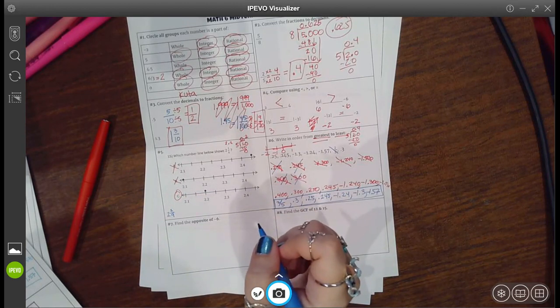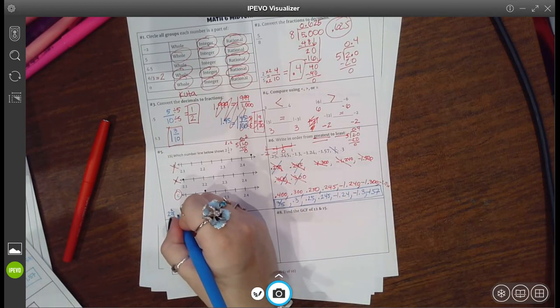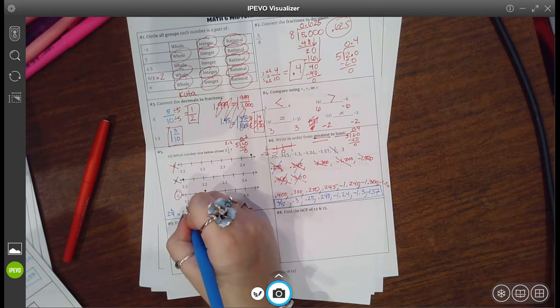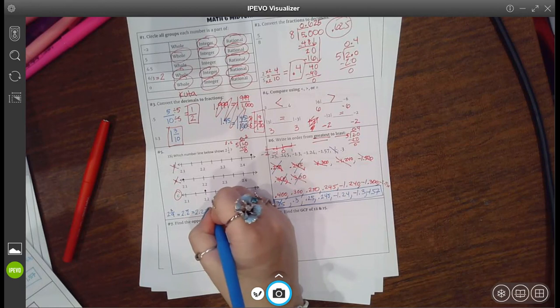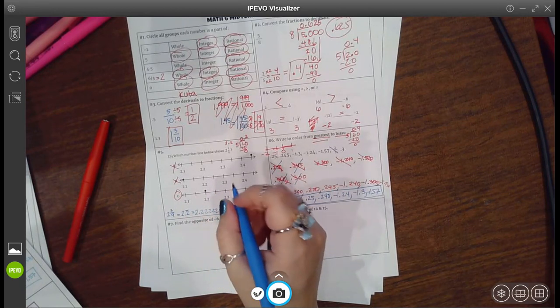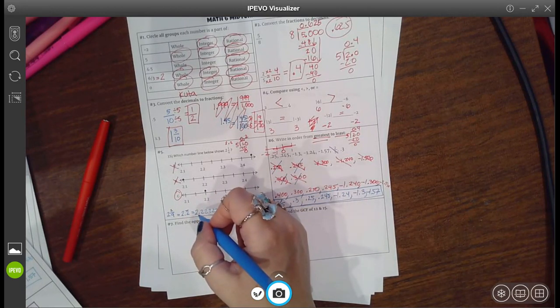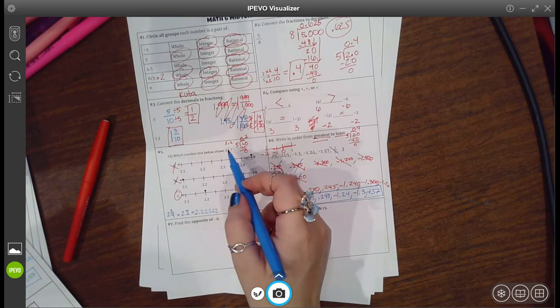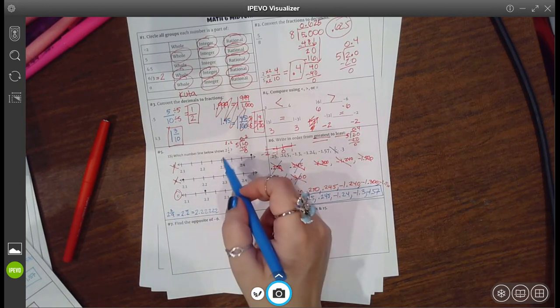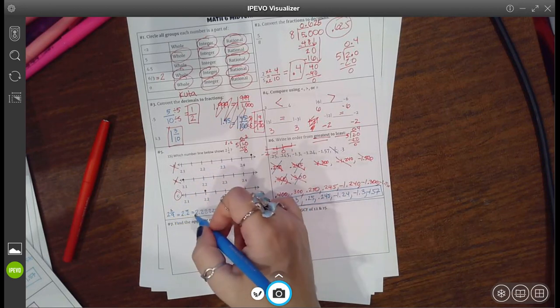Okay. So 2 and 2/9 is 2.2 repeating, which is like 2.22222 in your calculator. Okay, so is that 2.2? Is that the same thing? No, because 2.2 is 1/5, and I said 2/9. So obviously those aren't the same thing, right?